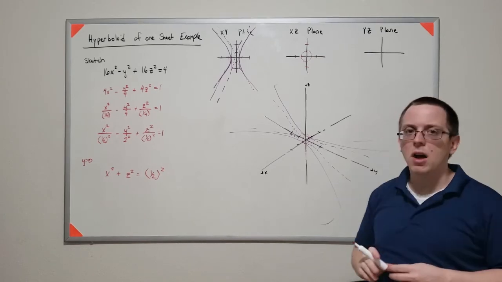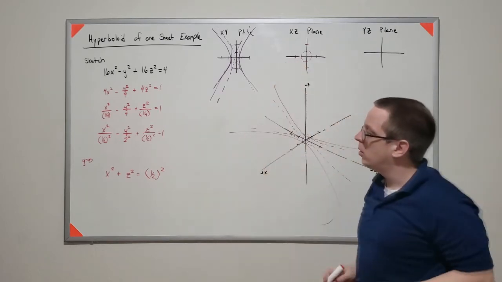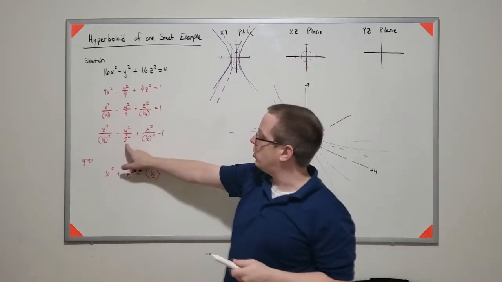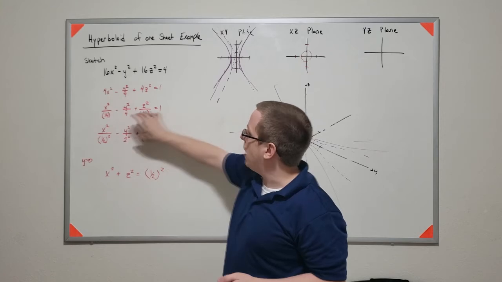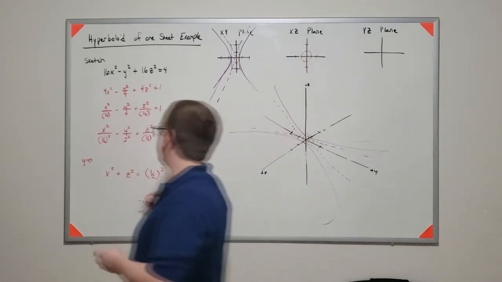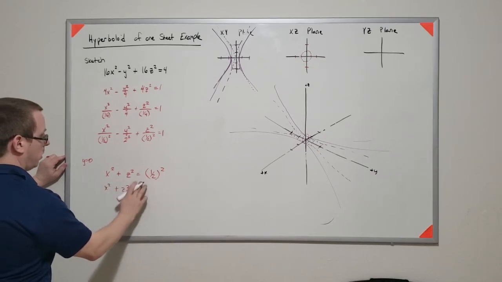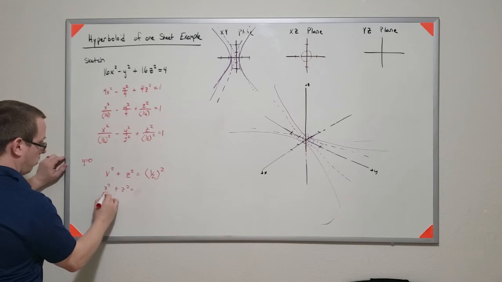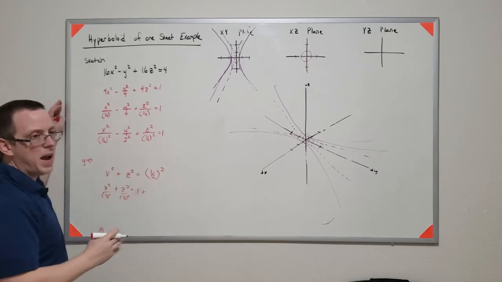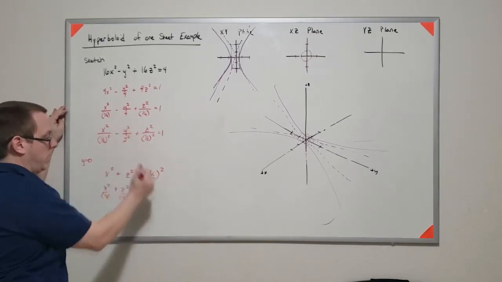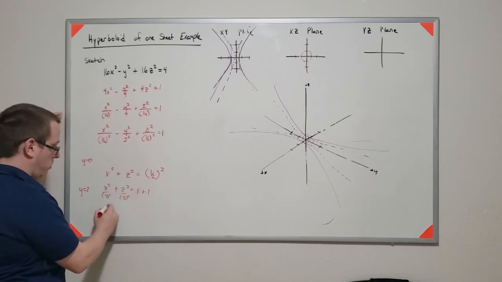But that may not be the whole story, because what happens as y gets larger? Well, as y gets larger, if y is a positive number or negative, it doesn't matter, then we would add that over. So in the case of, let's make y equal to 2, because that makes everything cancel, you get 1 plus 1.